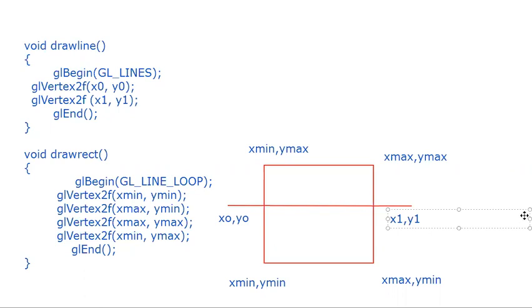I hope you understood this very clearly; this is very important. This is x0, y0, and the final point is x1, y1. This is a line, and this is the rectangle line loop. So these are the two functions used in the Cohen Sutherland line clipping algorithm.